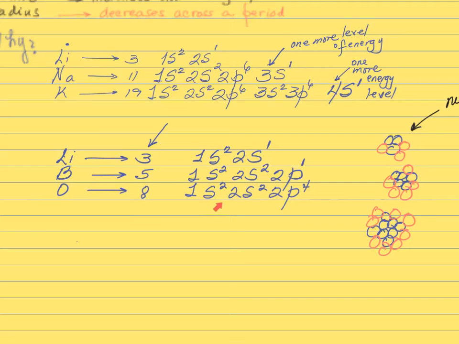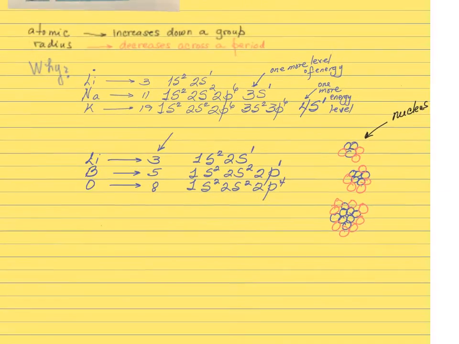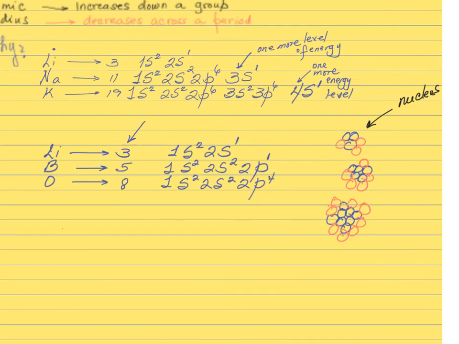Remember that we're looking at the distance from the nucleus all the way through the edges of the electron cloud. What's gonna happen when you go across a period? Look over here, I'm representing the nucleus of the 3 elements.